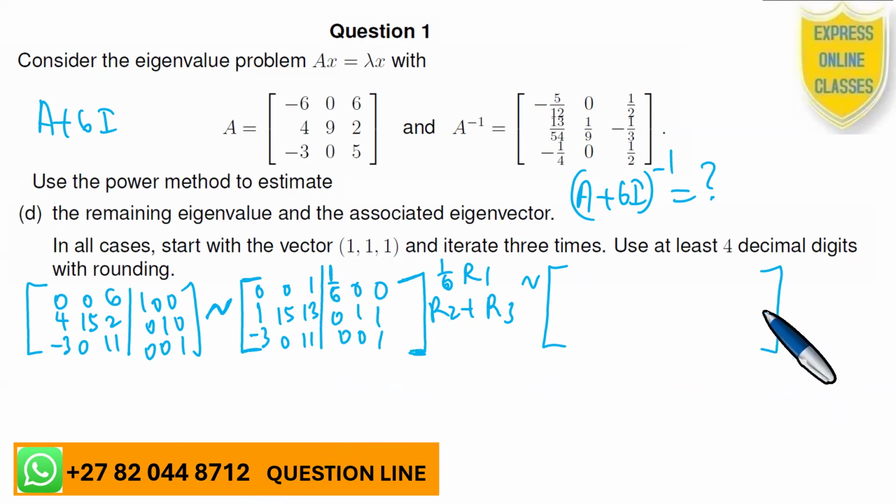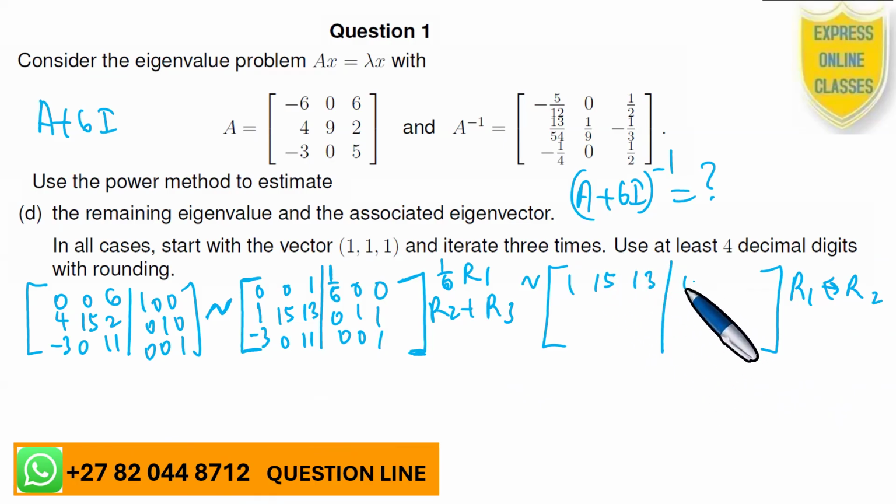This matrix is row equivalent to the next one. Here we need a 0. So we can interchange the first and the second rows. 1, 15, 13. 0, 1, 1.